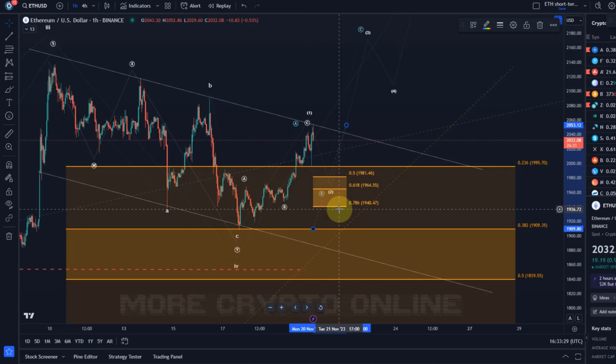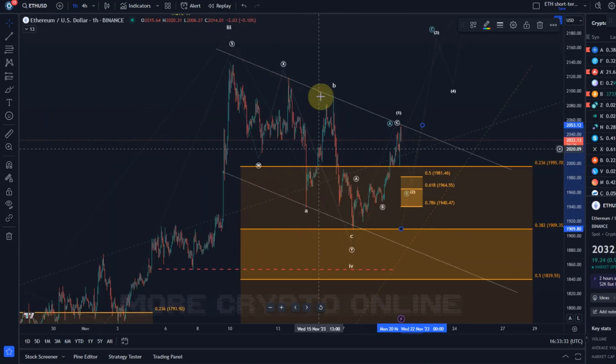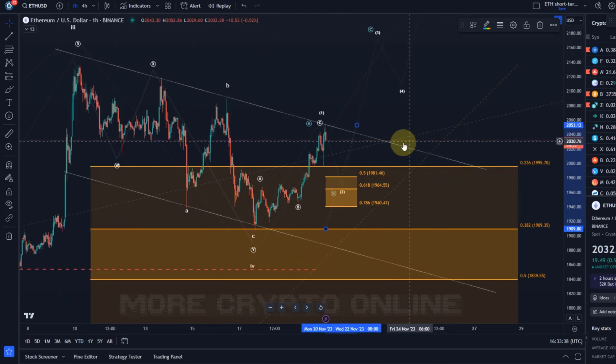Below that level, I have to assume the larger degree fourth wave is still unfolding, which would not be a disaster. It would just be a very complex correction. But to confirm that, I need to see probably an impulsive move down, or any move below 1940, which then eventually takes out 1909 as well.